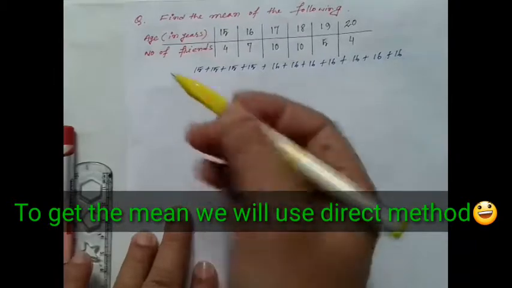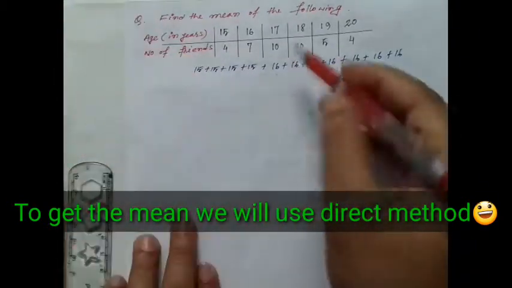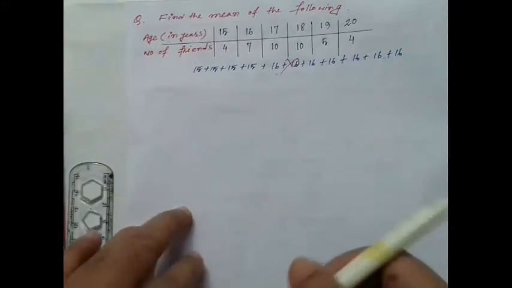So we will not use this process, we will use the direct method that we have seen. So we'll make a table.